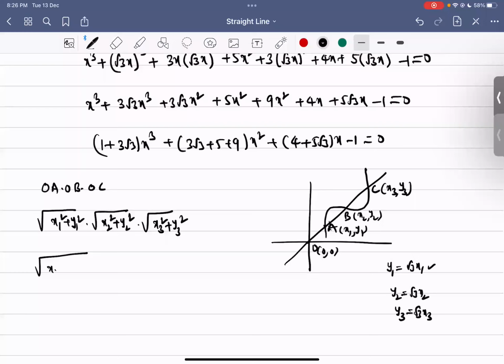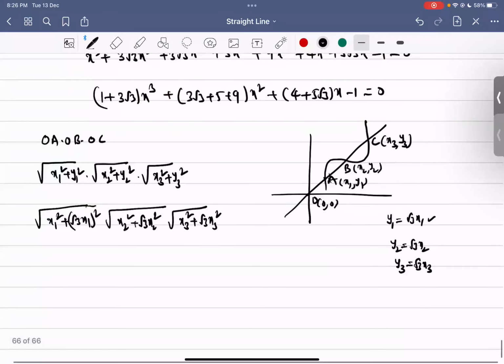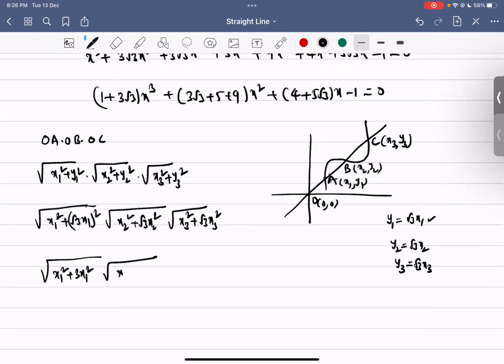So this is equal to x1 square plus 3x1 square into x2 square plus 3x2 square into x3 square plus 3x3 square. This is nothing but 4x1 square into 4x2 square into 4x3 square.